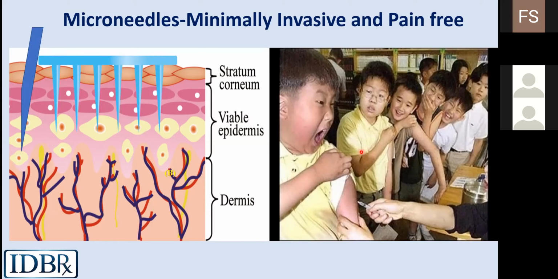For example, if you're suffering with iron deficiency anemia, you would have to take iron dextran injection. That is like the most painful intramuscular injection, and you would have to administer it frequently, and it's not really comfortable. So in such unique applications, the microneedle would come in handy.